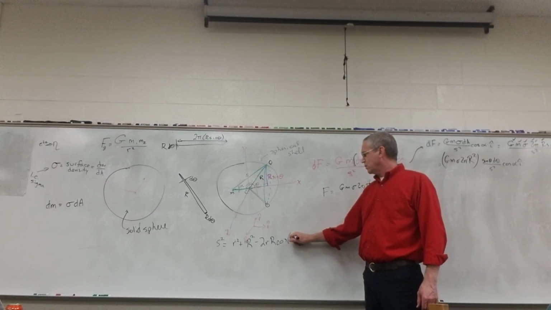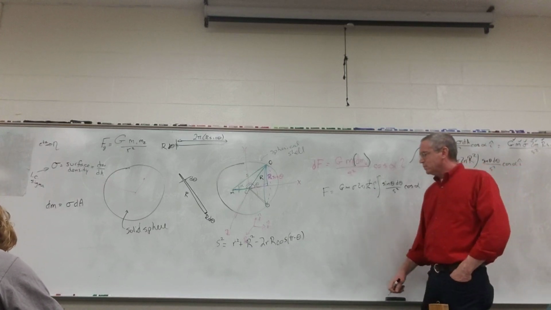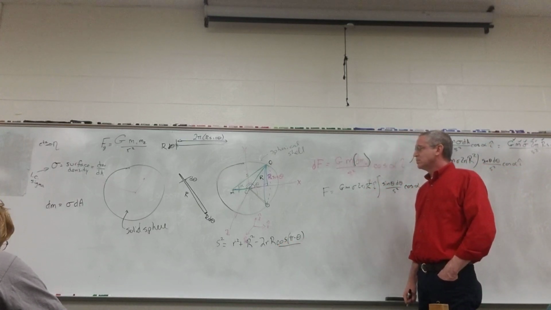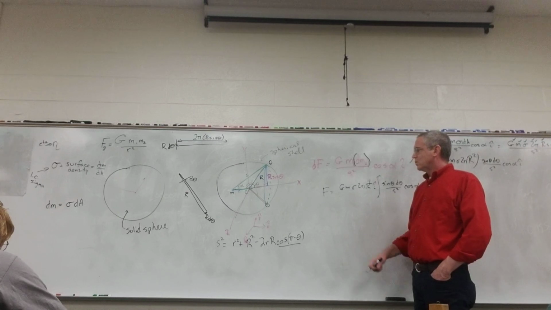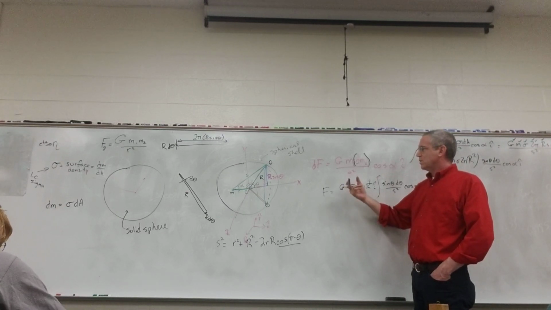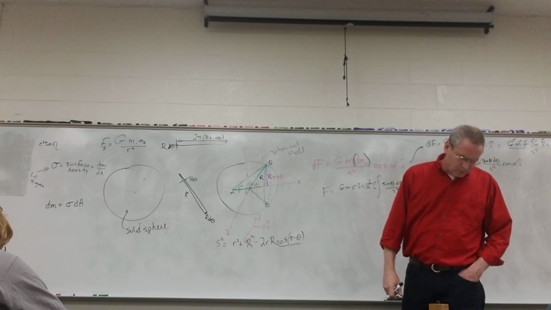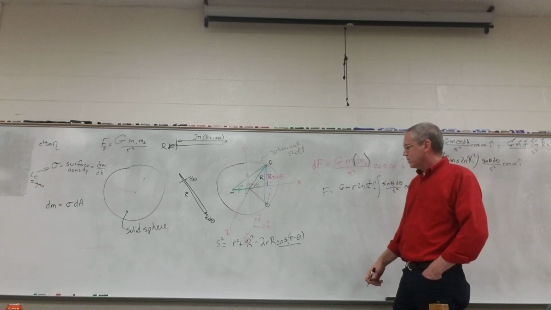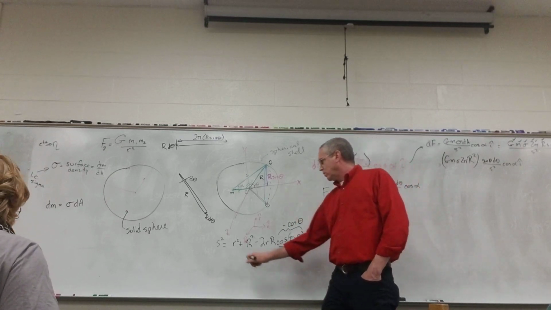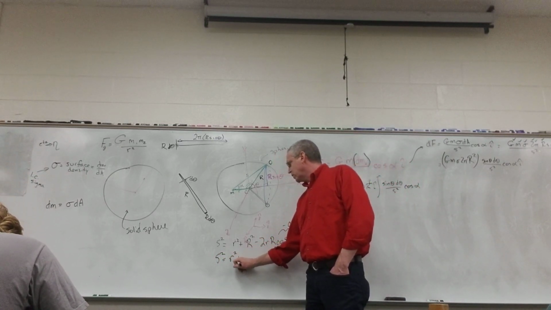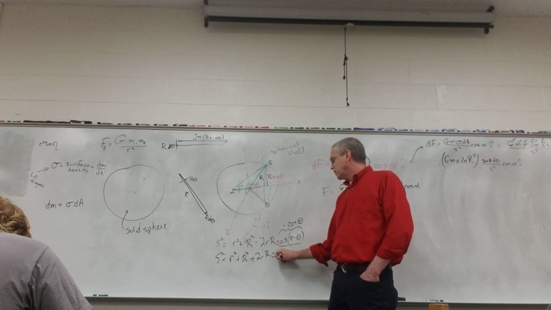Let's stick with radians, so π minus θ. Cosine of π minus θ should be negative cosine θ. So s squared is equal to little r squared plus big R squared minus 2 little r big R plus 2 little r big R cosine θ.